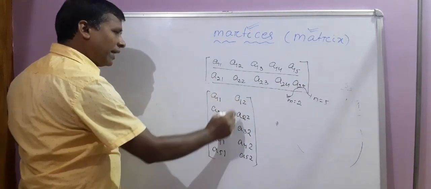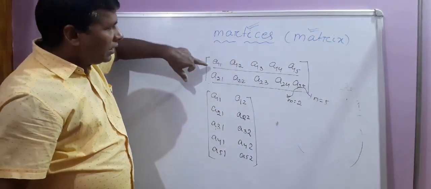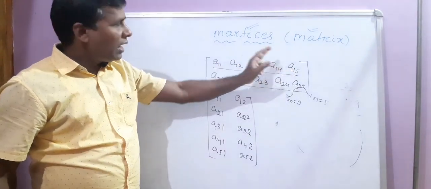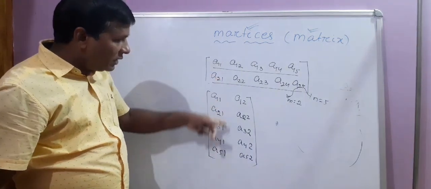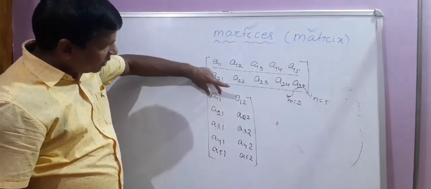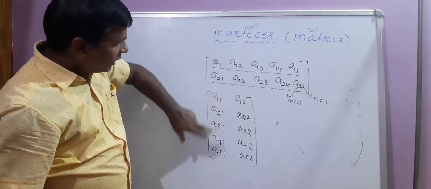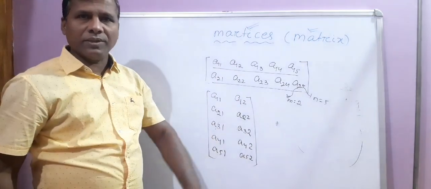In the first arrangement, each row contains 5 elements and each column contains 2 elements. But in these arrangements, each row contains only 2 elements and each column contains 5 elements.